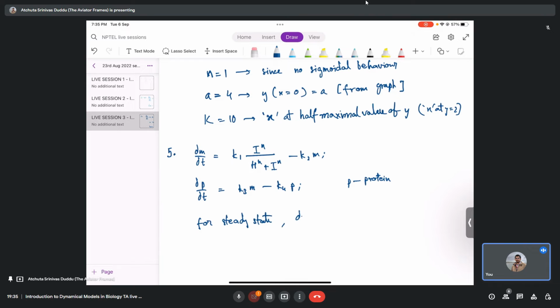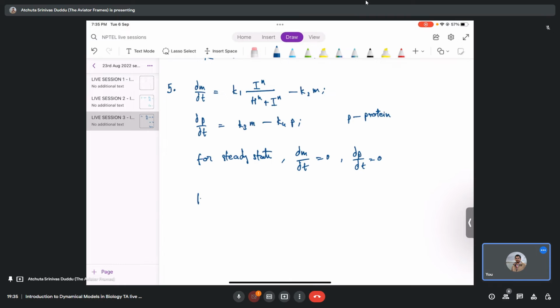So for steady state, we have dm by dt equal to 0 and dp by dt equal to 0, right? So taking dm by dt equal to 0, we have k1 I power n by h power n plus I power n equal to k2m, which implies m equals k1 by k2 into I power n by h power n plus I power n. Now we substitute this in the next equation.